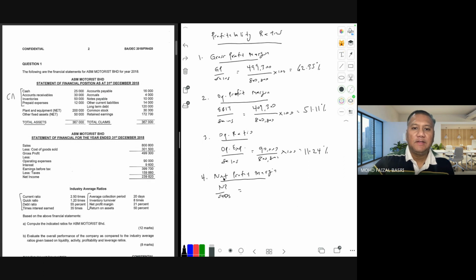So it's 239,820, and it is 800. Darab 100 lah. So it's about 29.95%. Almost 30% lah.